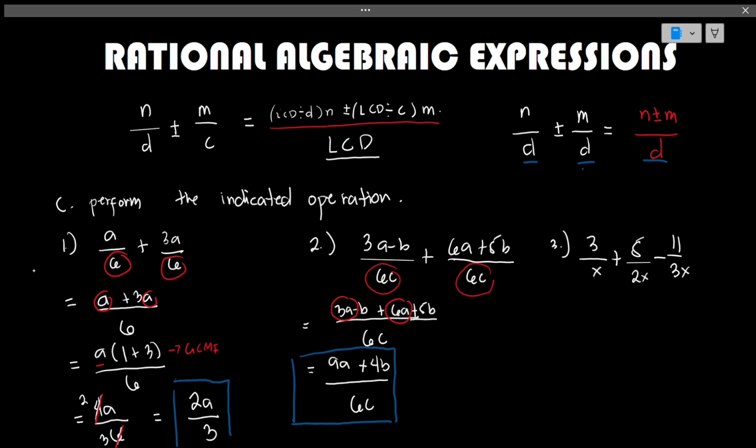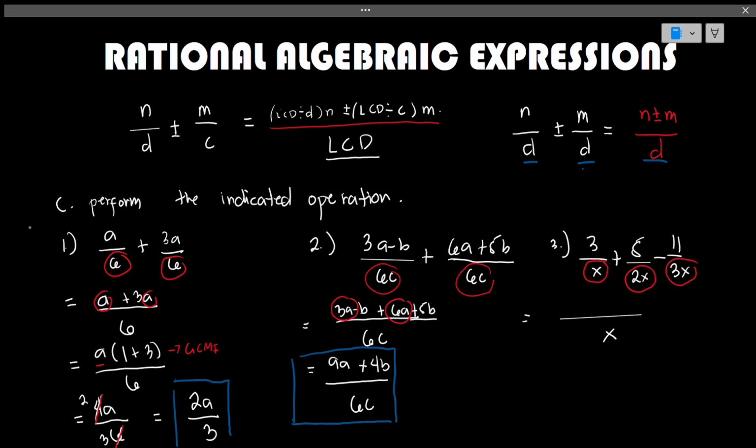Now, let's move on to example number 3. As you can observe, our denominators are different. We have x, followed by 2x, followed by 3x. If that's the case, we need to find the least common denominator. Our denominators have x in common, so that will be the LCD in terms of x.